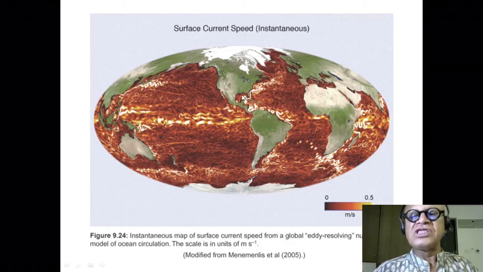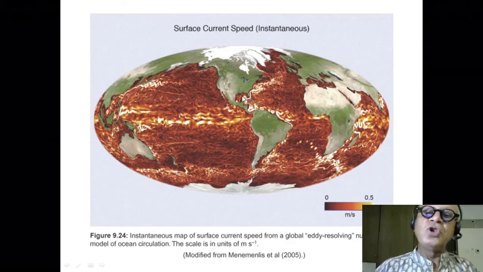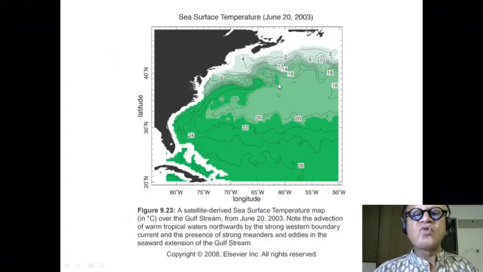And then within the Gulf of Mexico, you end up creating what are called loop current eddies. Then the Gulf Stream comes off here and also creates eddies. When you look more specifically at a temperature map for June 20th, 2003, very close to the June 21 we had been looking at for the atmosphere.